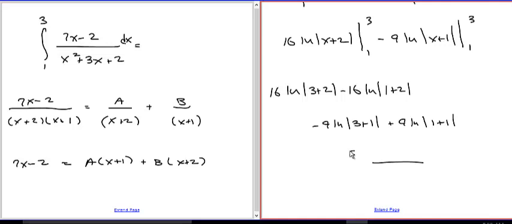We had the other one where we have a distinct linear factor and a distinct quadratic factor. If I decide between today and tomorrow that I'm going to put one on the test, we'll work through an example tomorrow.